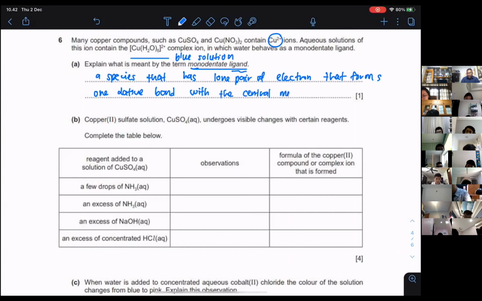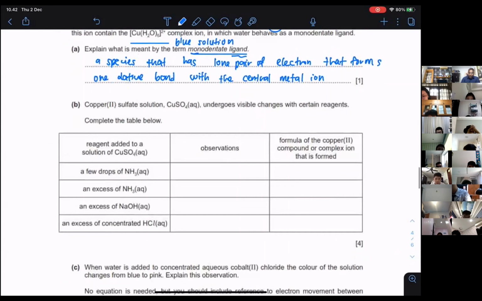The one Jasmine mentioned is already good, but the part we need to stress is one dative bond. I'm also including the lone pair of electrons because I want to define ligand also, so I define both.